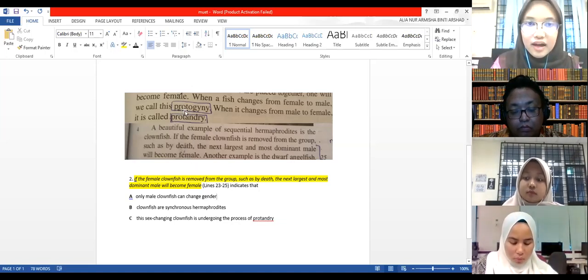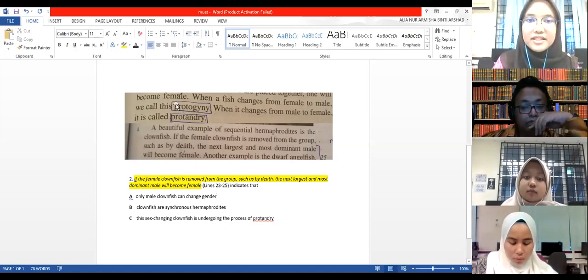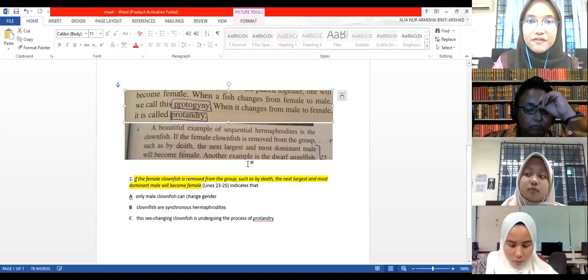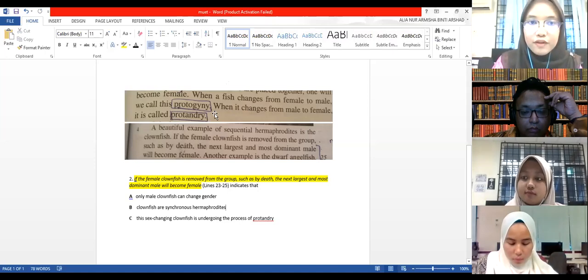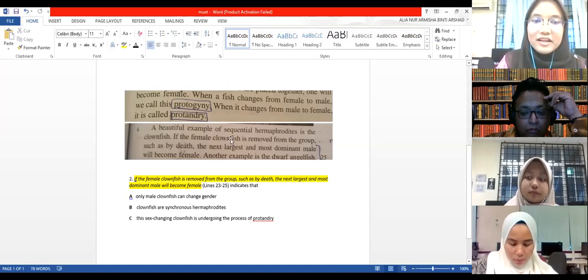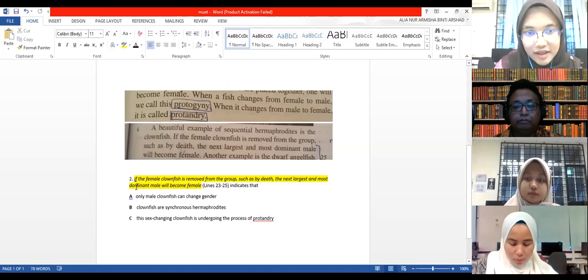Okay, so this first picture here is the first clue, which is when a fish changes from female to male, we call this protogyny. When it changes from male to female, it is called protandry. So if we look at the statement here, it says the dominant male will become female.